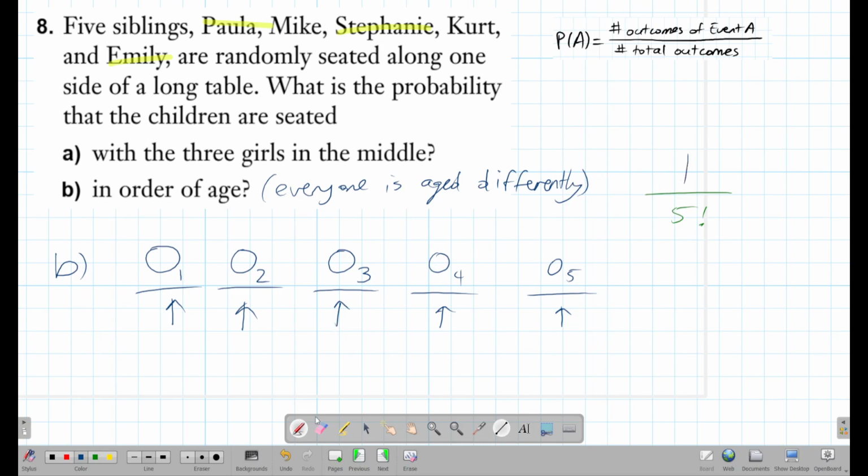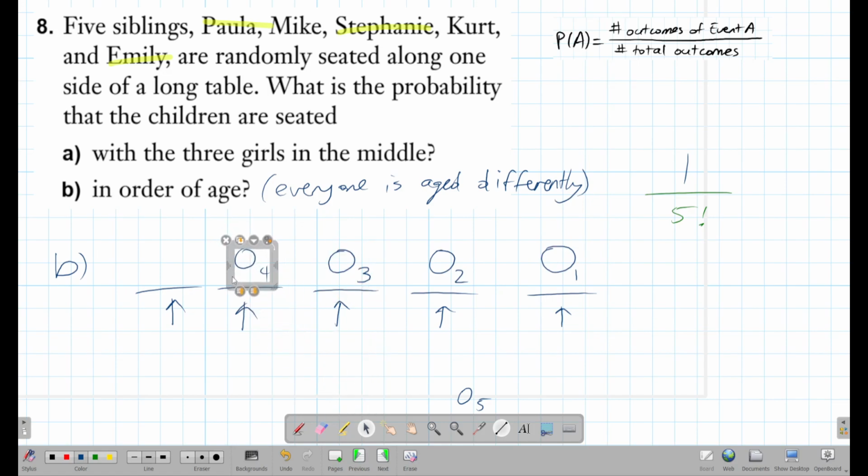Or is there? Because instead of having my oldest on the left side of the table, I can move my oldest to the right side of the table. That means my second oldest needs to go right beside my first oldest. And that means my third oldest stays where they are.